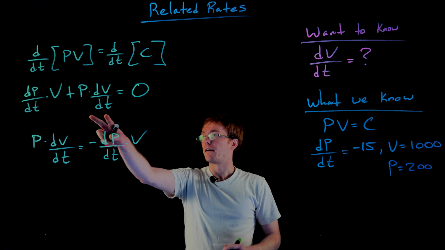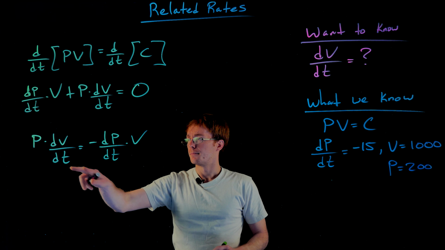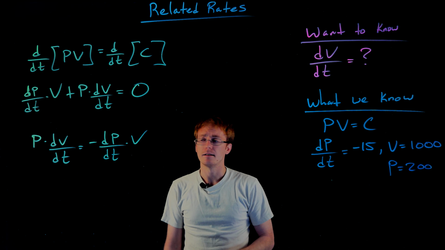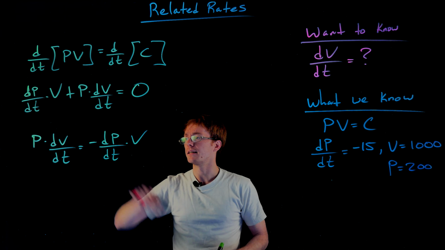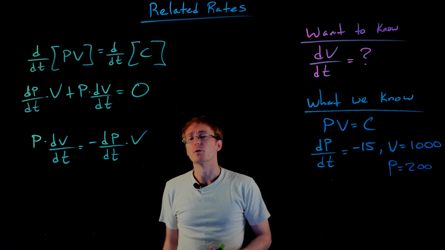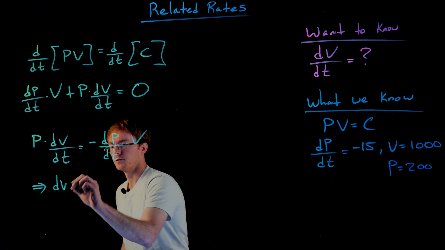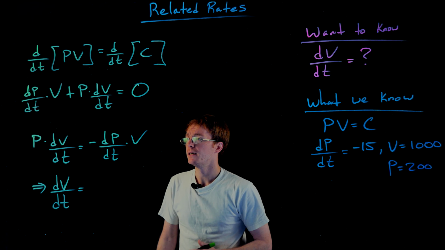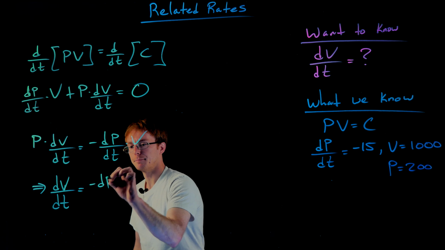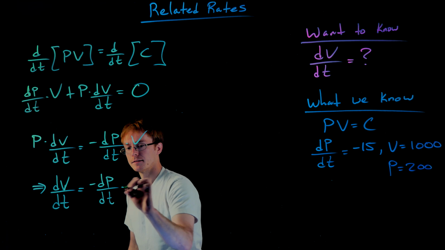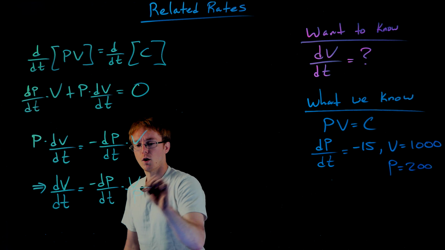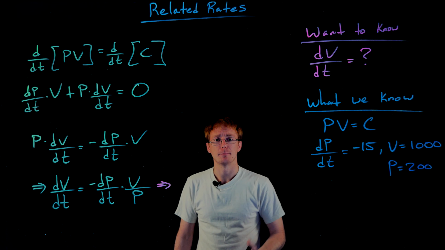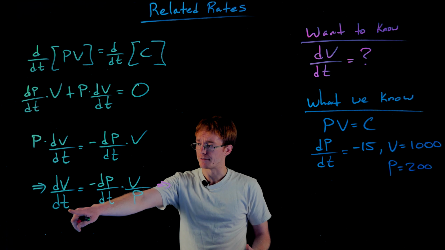We get that first term on the left-hand side, P times dV/dt is going to be equal to negative dP/dt times V. And now to isolate dV/dt, we just divide both sides by P. So dV/dt, the rate of change of the volume, is going to be equal to negative dP/dt times V over P.